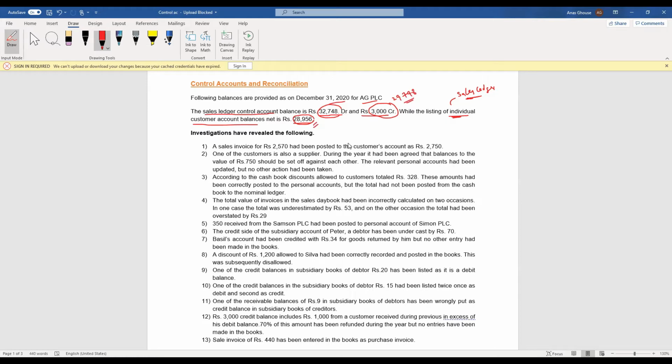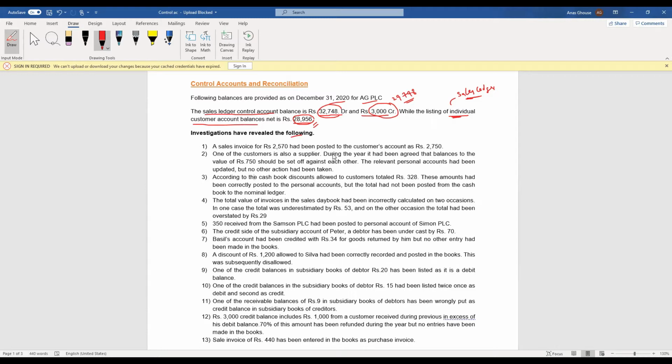Therefore you are given the reasons for the differences. So based on this, we need to find out the closing balances, the matching balances between the control account and the customer account balances.